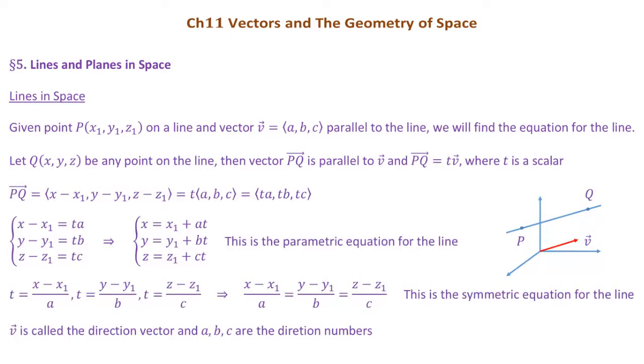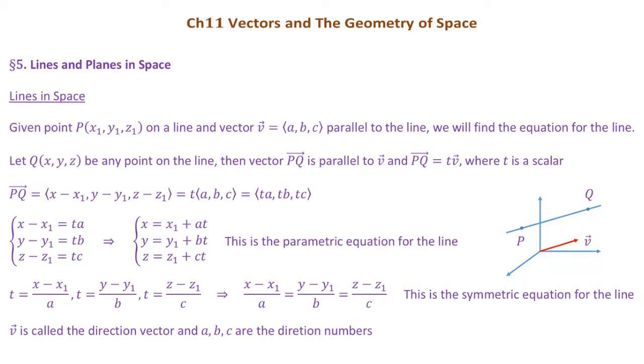Now we've got two vectors equal, and the components have to be equal for each component. So we get x minus x1 equal to t times a, y minus y1 equal to t times b, z minus z1 equal to t times c. If you rewrite those three equations by moving x1, y1, z1 to the right, you get x equals x1 plus at, y equals y1 plus bt, z equals z1 plus ct.